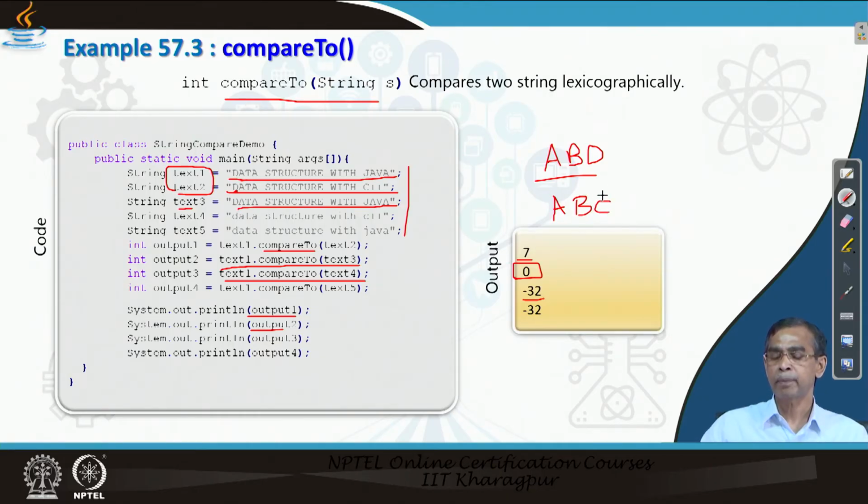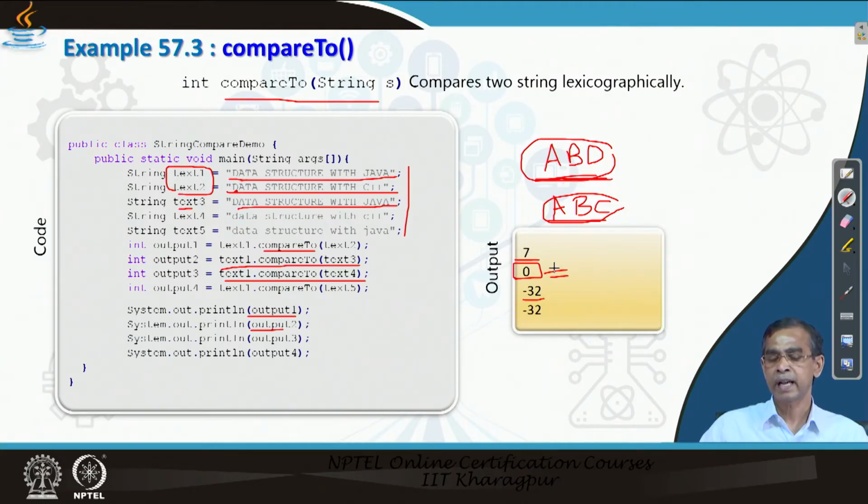Now in lexicographic order, ABC comes before ABD. If you compare these two strings, it will give negative or positive depending on the order. For example, ABC compared with ABC will return 0, but ABD compared with ABC will give positive, and ABC compared with ABD will give negative.